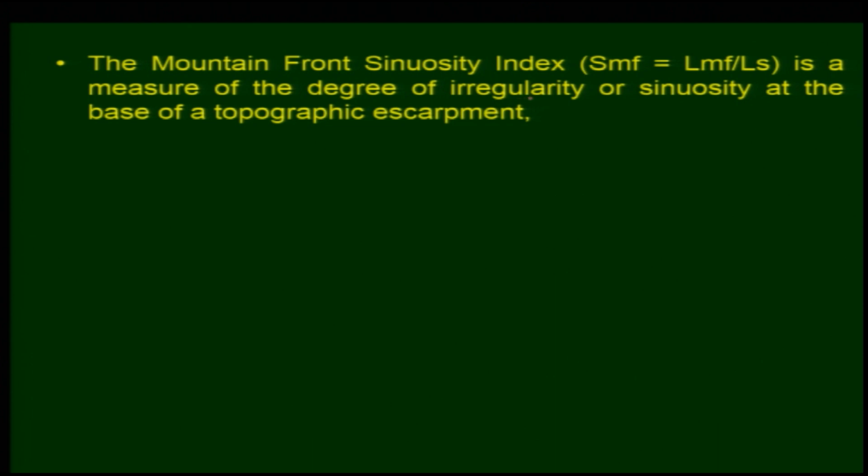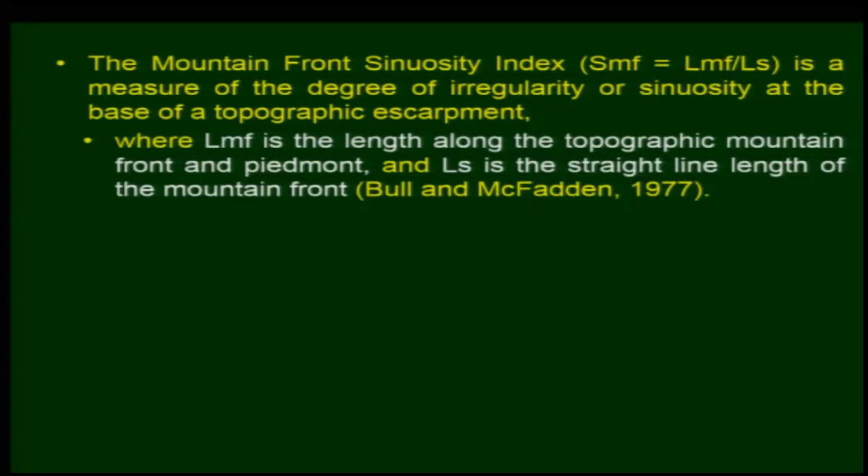This is what I was talking about, that if you have more erosive fronts, then they are indicative of less activity. Okay. So, where LMF is the length along the topographic mountain front and piedmont, and LS is the straight length of the mountain front.